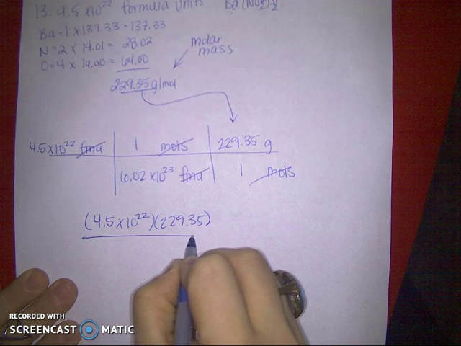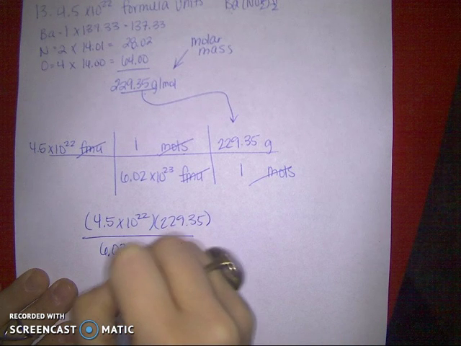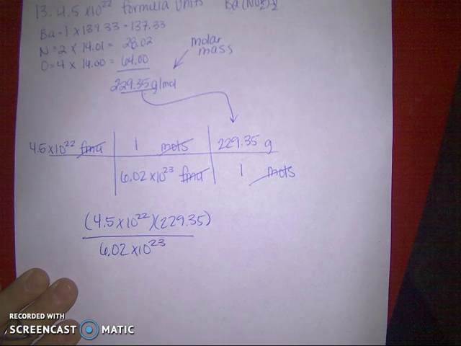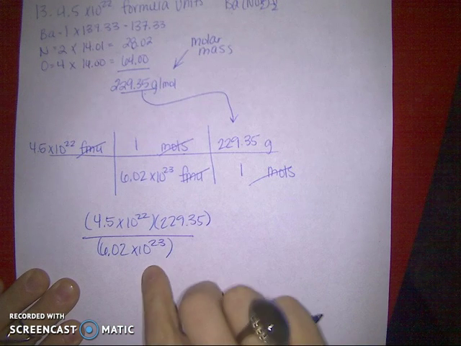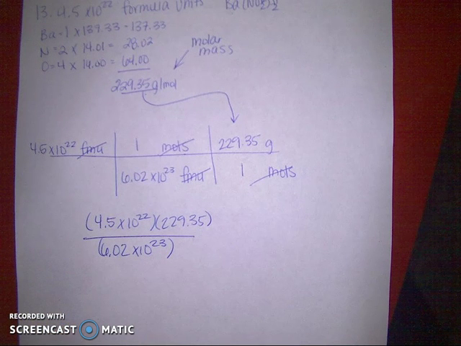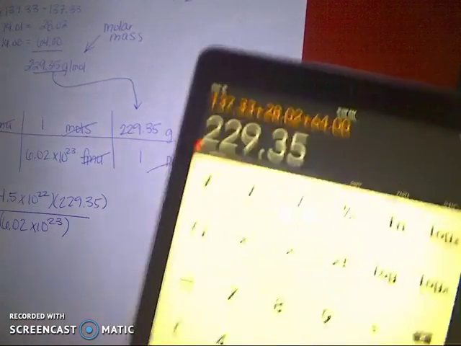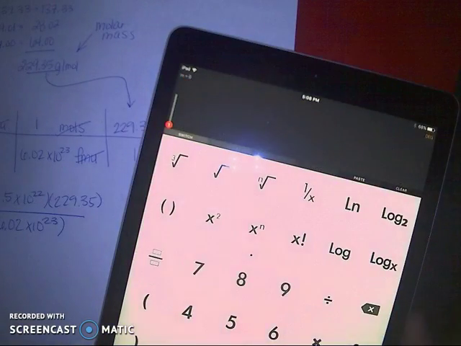And then I'm going to create my line because I have one number on the bottom, and that's 6.02 times 10 to the 23rd. Make sure you keep numbers with exponents in parentheses, just so you'll be able to remember how to do it in your calculator. So I'm going to push this over to the side, and then I'm going to show you how to do the math. Okay?